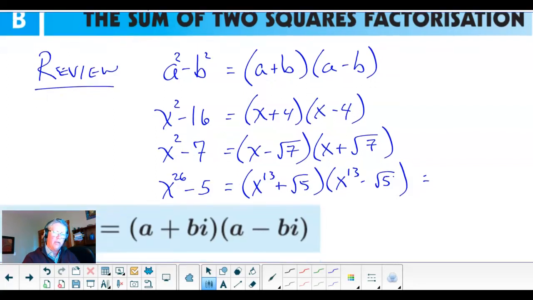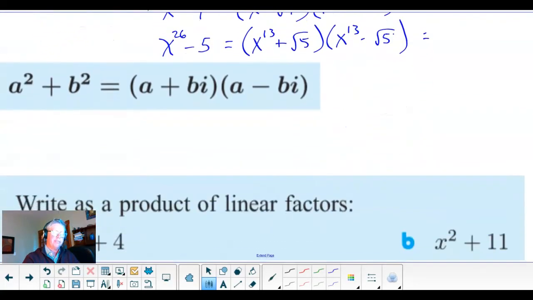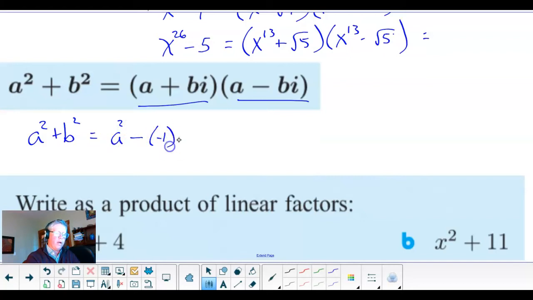All right, so here is the sum of squares. Now the sum of squares can be factored in basically the same way, but all of a sudden we have to employ the -1 or i. And the way that works is a squared plus b squared is the same thing as a squared minus -1 times b squared. That's dumb, right?